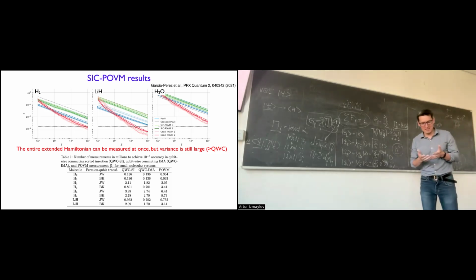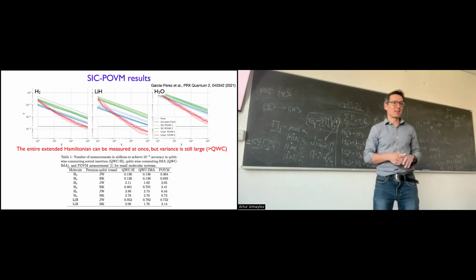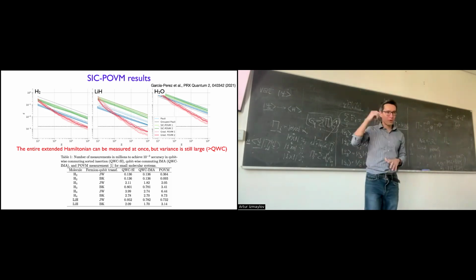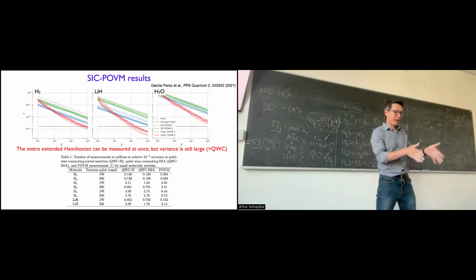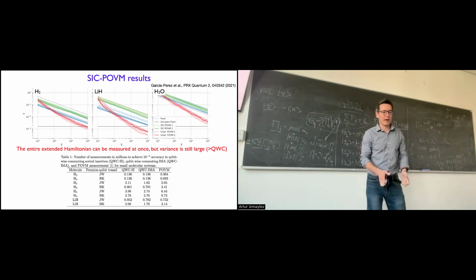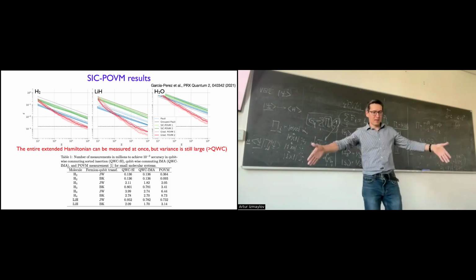What this means is that you need to measure again, unless you're in an eigenstate situation. But you are almost never in an eigenstate situation. Therefore, you should always think about how many times you need to measure. So maybe breaking it down into fragments and having lower variances will be better than having the whole thing.